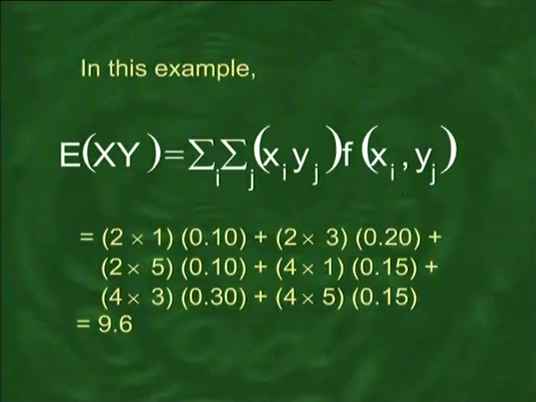Rather, we write the product. Therefore, the value that we write in the top corner of the first cell is 2 into 1, and that is 2. For the second one, we write 2 into 3, and that is 6. Next, 2 into 5, which is 10, and so on and so forth.